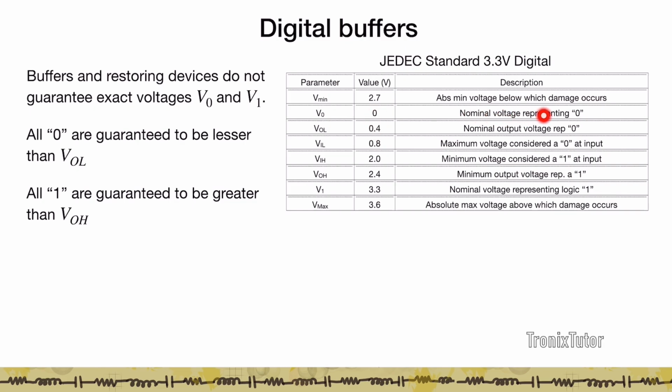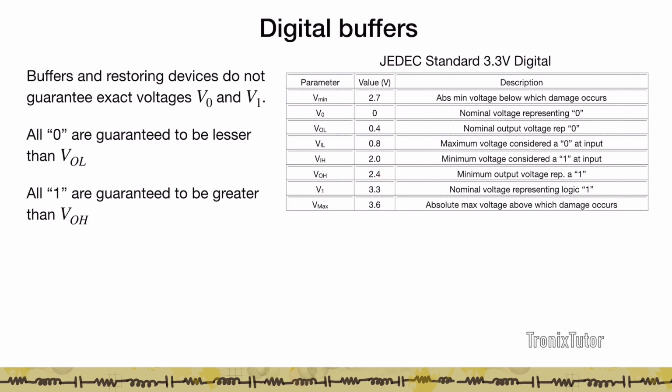What it means is that you want to target 0 volts to be the digital 0, but the output can vary between 0 and 0.4. Similarly, if you look at the 1, VOH is 2.4, which means that the output voltage can be any value between 2.4 and 3.3. Nominally, if I'm having a digital value of 1, I would want all my output voltages to be 3.3.